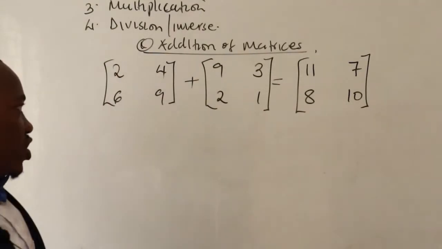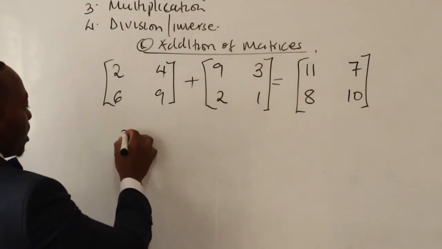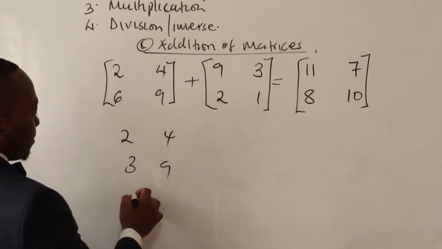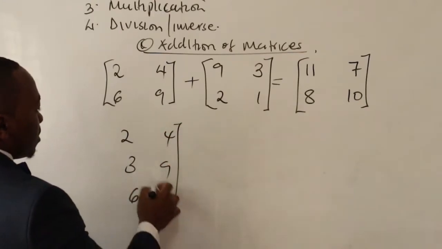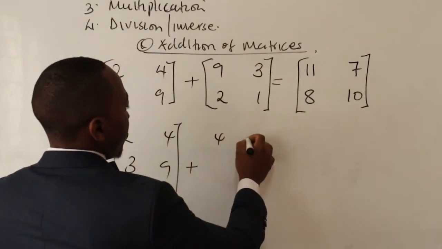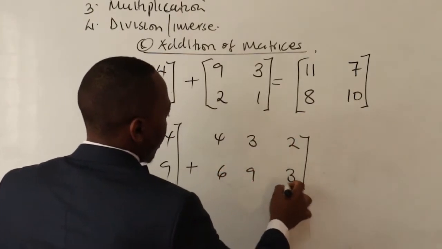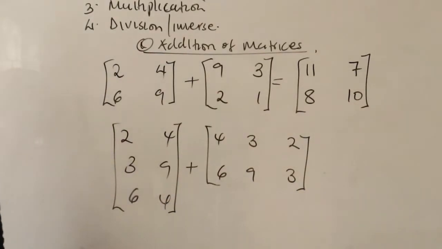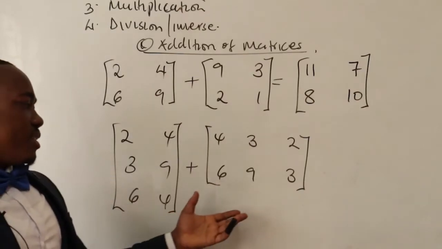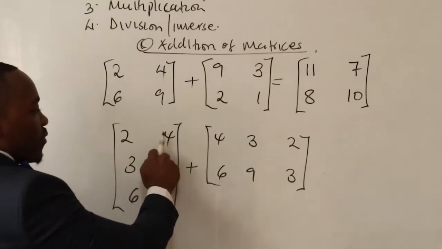So now let's do another illustration. Assuming now you are given a 3-by-3 matrix, for example, 2, 4, 3, 9, 6, 4, and you add 4, 3, 2, 6, 9, 3. Is it making economic sense? In this case, we can say it's spurious, because you cannot take 2 plus 4 and then 4 plus 3.